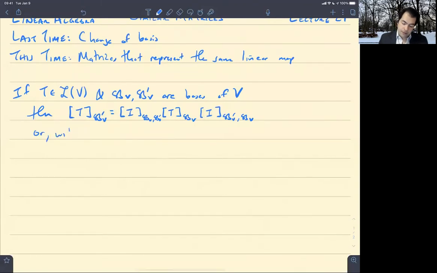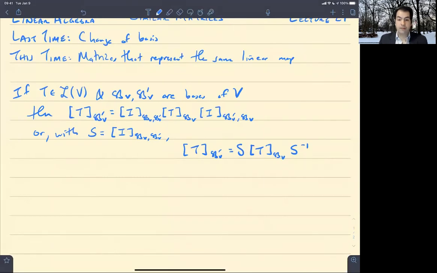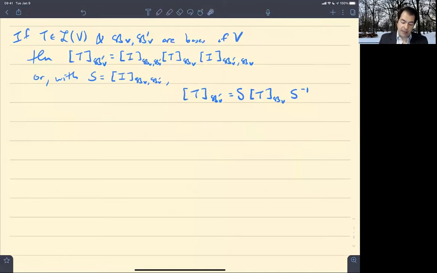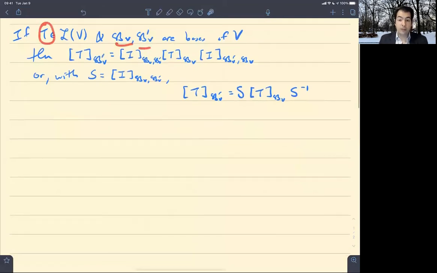Or if we go ahead and say that S is equal to the change of basis matrix on the left, then this says that T with respect to the basis B prime is equal to S times the matrix associated to T with respect to the basis B times S inverse. Okay? So if I have a linear map and I express it in two different bases, the matrices I get are related to each other. They're related by this formula.